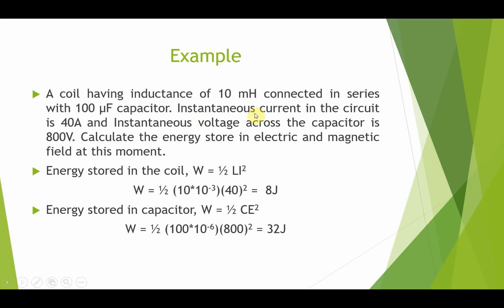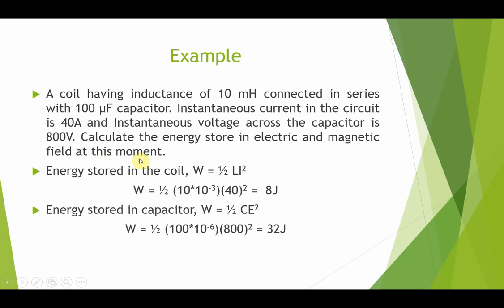Current at any instant in the circuit is 40 ampere and the voltage across the capacitor is 800 volt. We need to calculate the energy stored in the electric field, meaning in the capacitor, and the magnetic field, meaning in the inductor coil, at this moment.